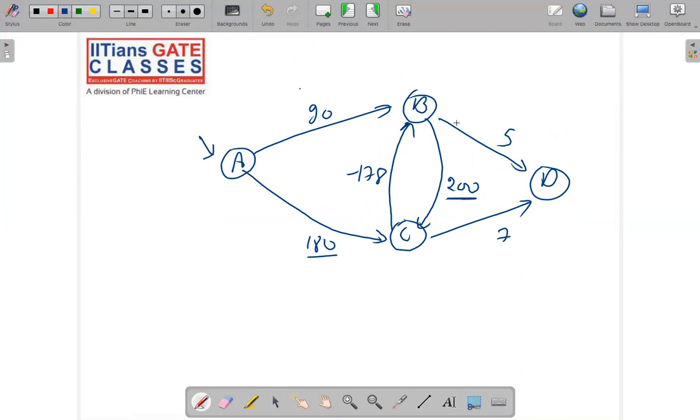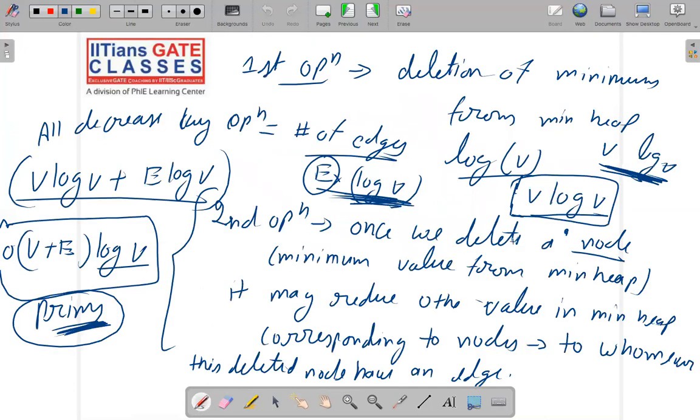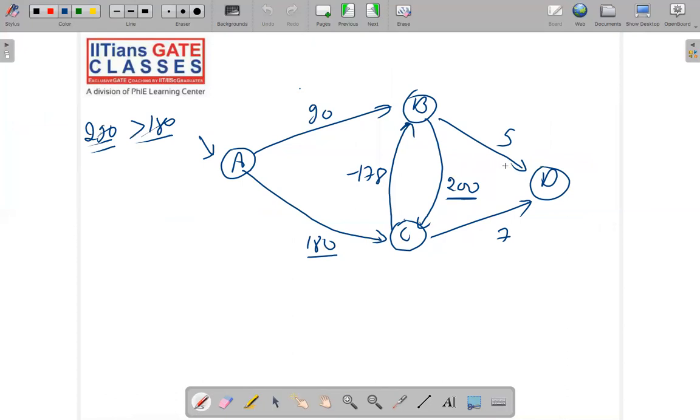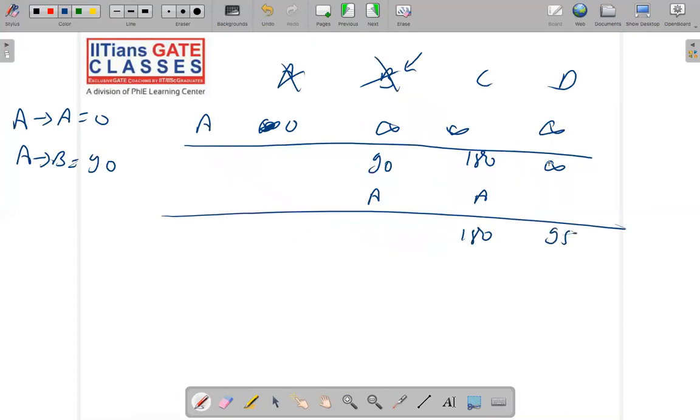So A to C via B will become 290, far greater than 180. We won't replace it, we'll keep 180. From B to D it's 5, so we'll say it's 95, which is less than infinite. Now which one is minimum? This one is minimum, and we conclude that A to D is 95.